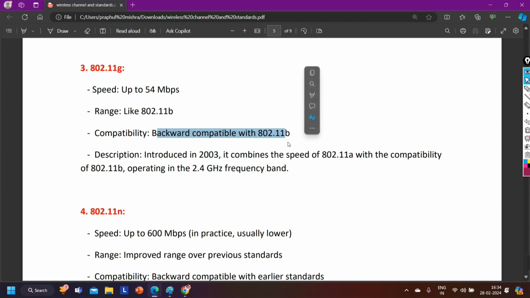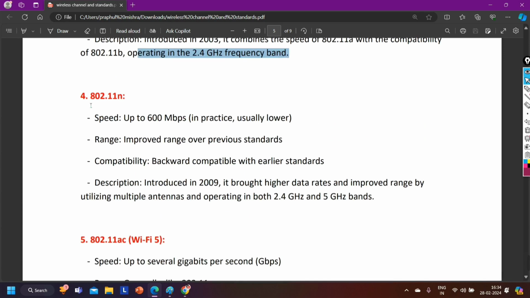Backward compatible with 802.11b, introduced in 2003. It combines the speed of 802.11a with the compatibility of 802.11b, operating on the 2.4 gigahertz frequency band.